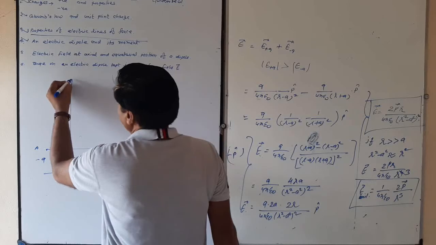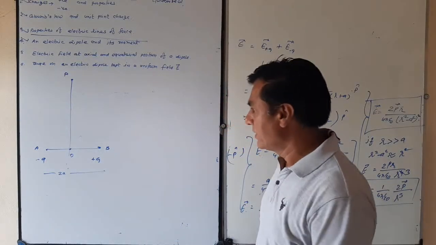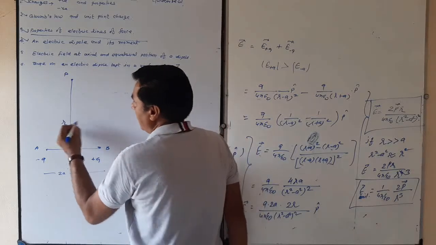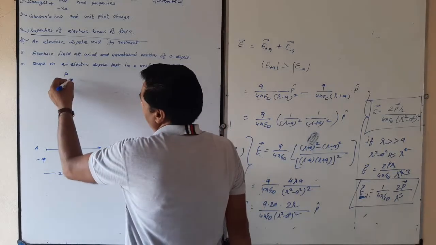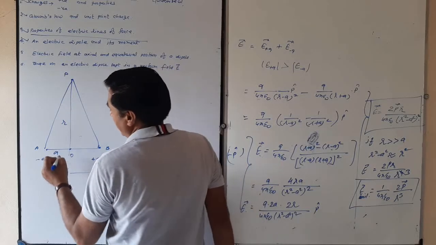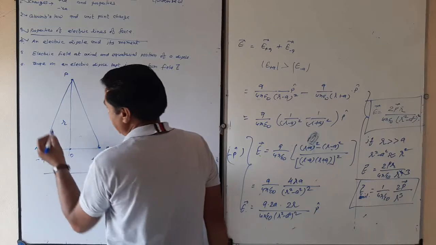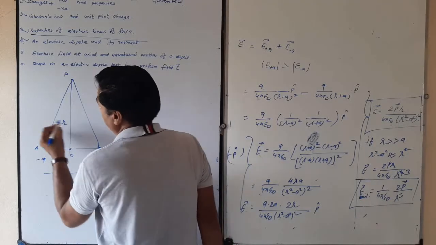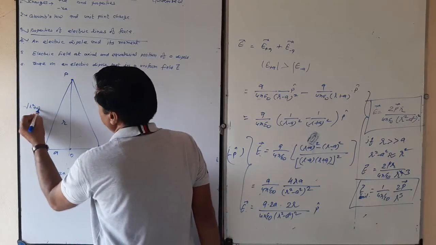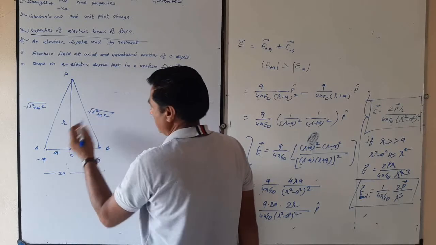Now suppose we are taking a point P on the equatorial line at distance r from the center. What is the distance AP and BP by the right angle triangle? Hypotenuse square is perpendicular square plus base square, means under root R square plus A square. It is also under root R square plus A square.